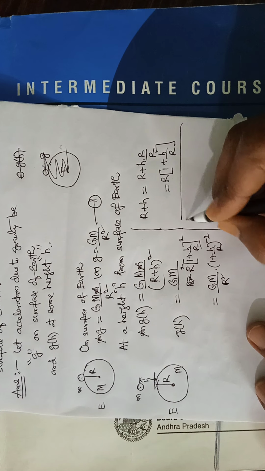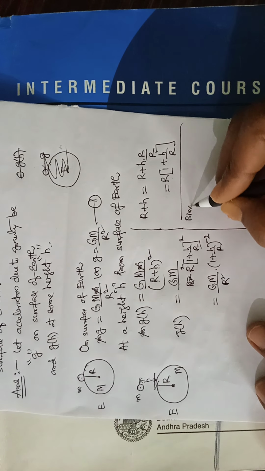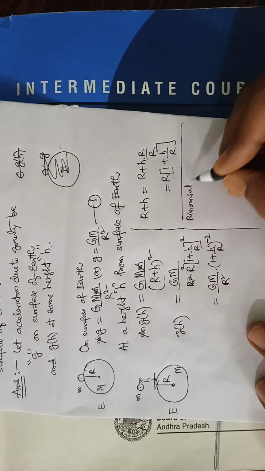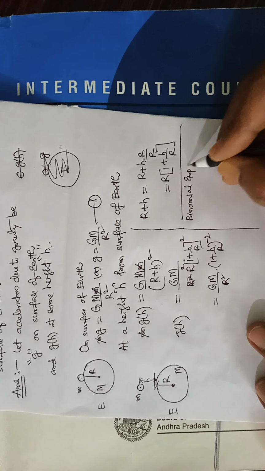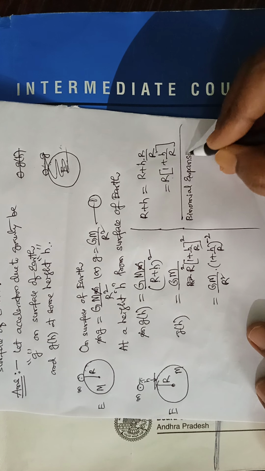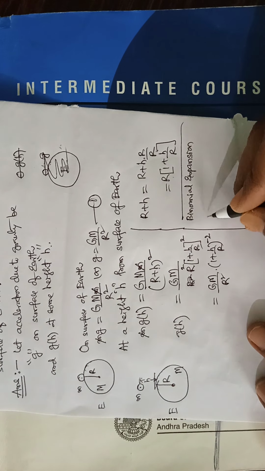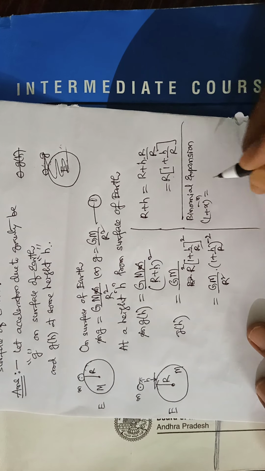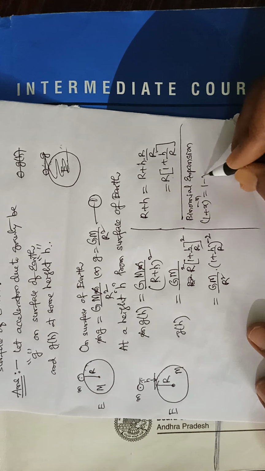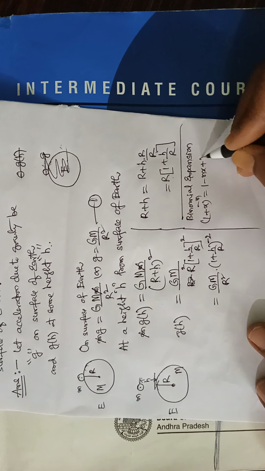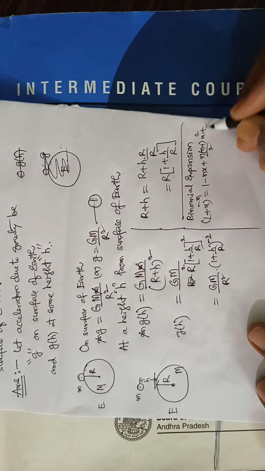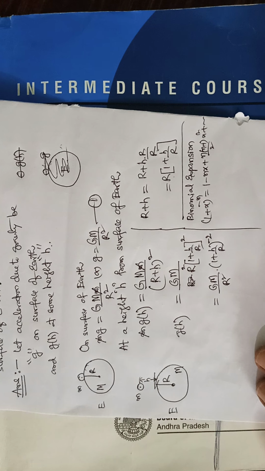Now you know already in your lower classes about binomial expansion: 1 plus x power minus n is equal to 1 minus nx plus n into n minus 1 by 2 x square plus so on, like that.